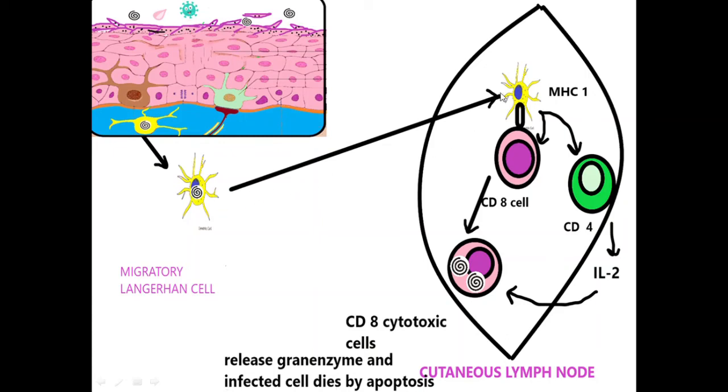It will reach the lymph node, and with the help of MHC1, it will activate the CD8 cell. Now the CD8 cell will scan the antigen that is there with the Langerhans cell, and after scanning the antigen, it is getting converted into a cytotoxic T cell.